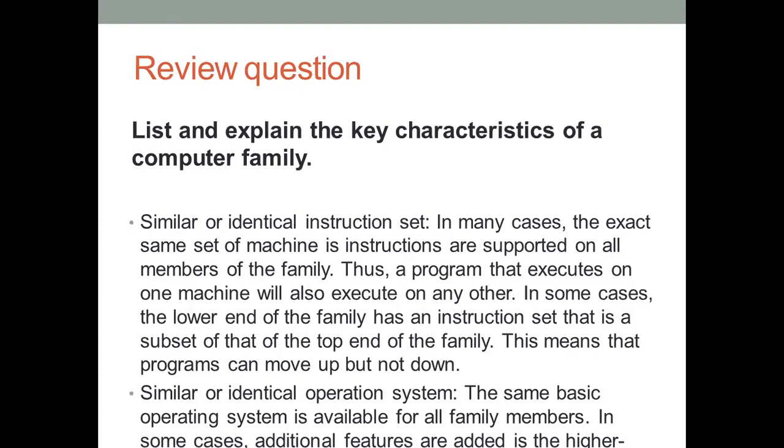Thus, a program that executes on one machine will also execute on any other. In some cases, the lower end of the family has an instruction set that is a subset of that of the top end of the family. This means that programs can move up but not down.